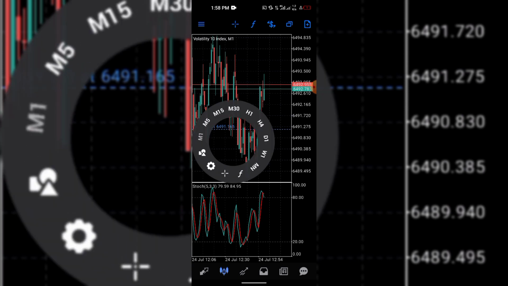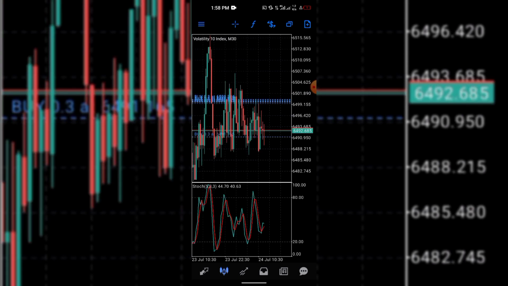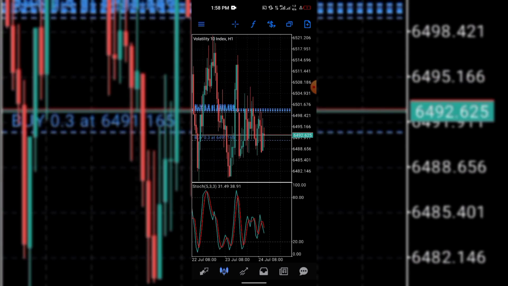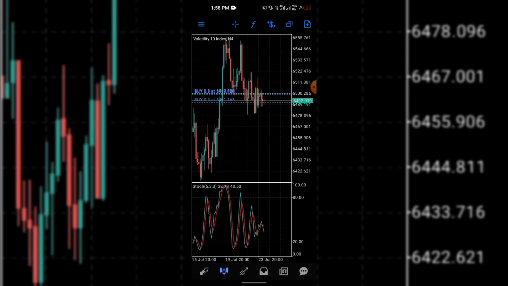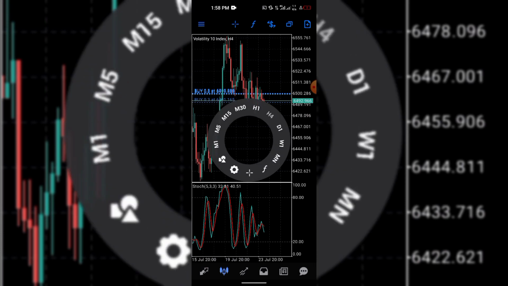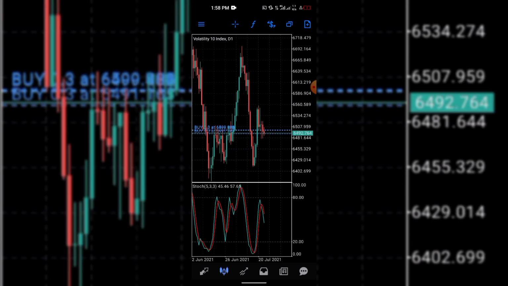Look at them, we are expectant on the breakout. A breakout in the buy direction. For most cases, you wait for the breakout before you place your trade.